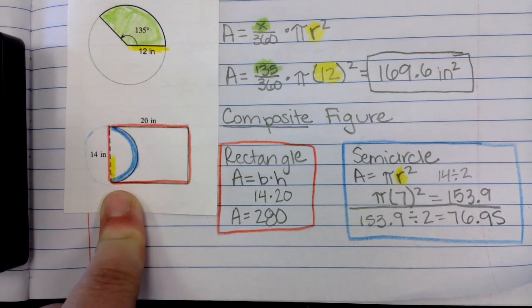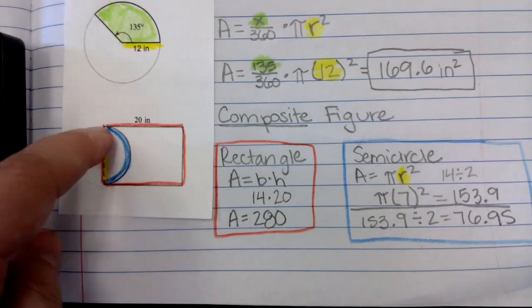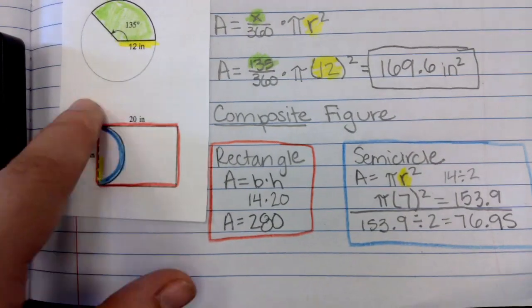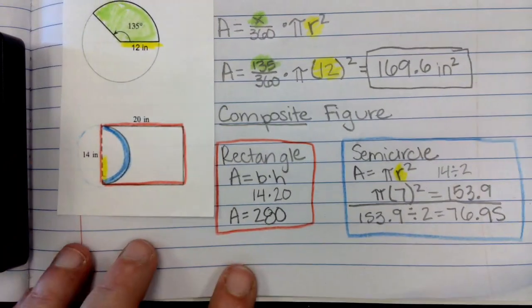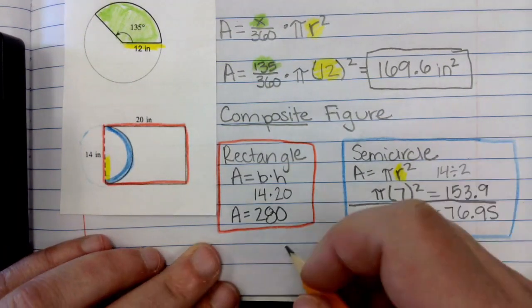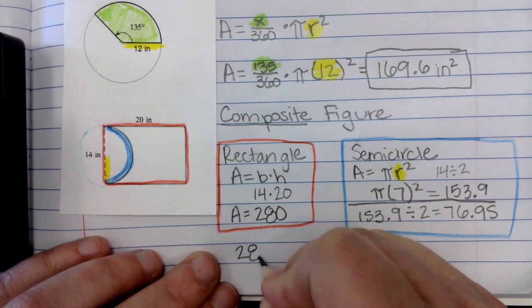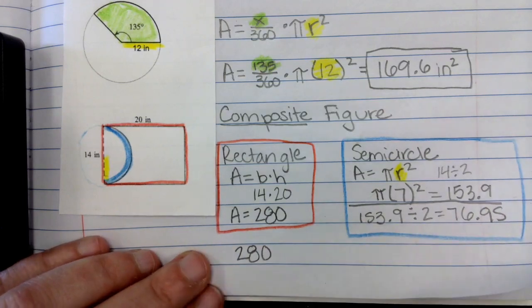So 280 minus 76.95. We get 203.05. So if I want to round to the nearest tenth, will I keep it at 203.0 or 203.1? Good, 203.1.